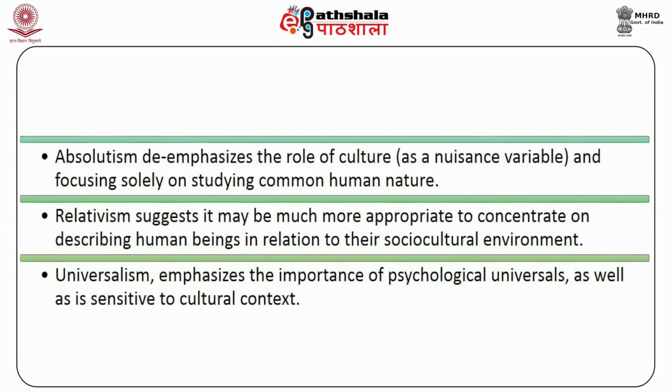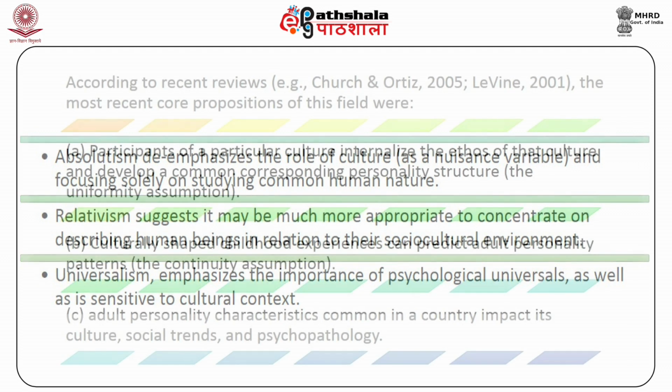Absolutism de-emphasizes the role of culture, focusing solely on studying common human nature. Relativism suggests it may be more appropriate to concentrate on describing human beings in relation to their socio-cultural environment. Universalism emphasizes the importance of psychological universals as well as being sensitive to cultural context.